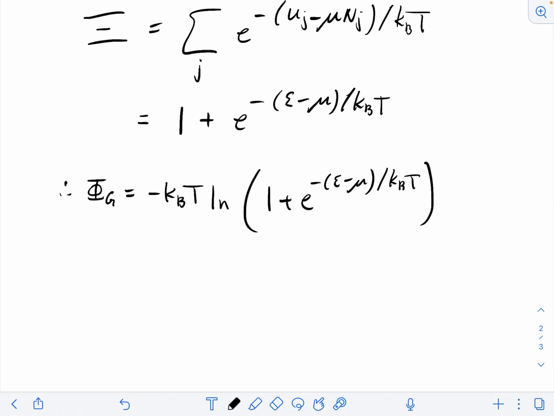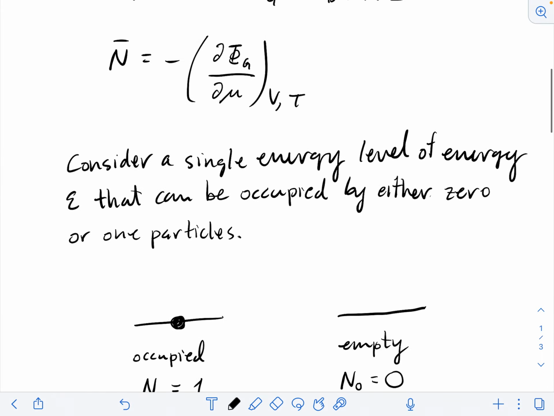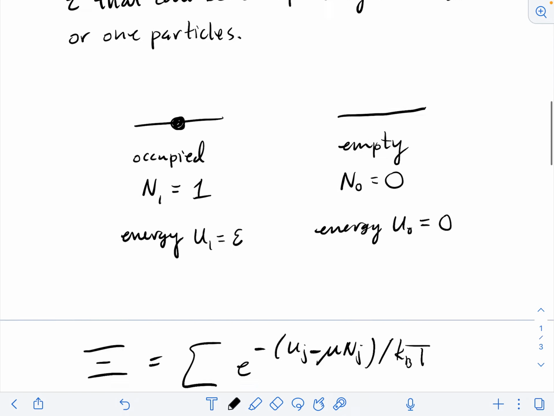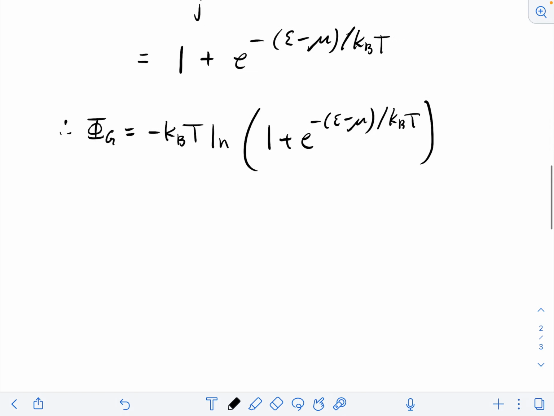The average number of particles is given by the derivative of the grand potential with respect to chemical potential, and so it's the negative of that. So let's start by evaluating this derivative. We're going to get minus kBT, and then we have to use the chain rule.